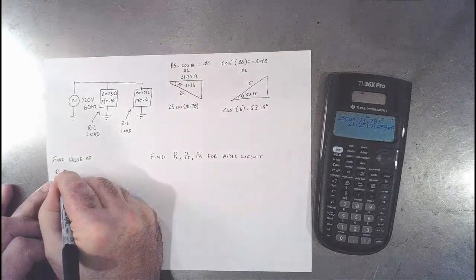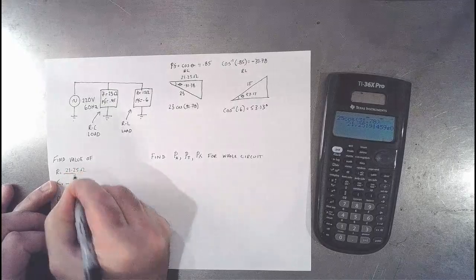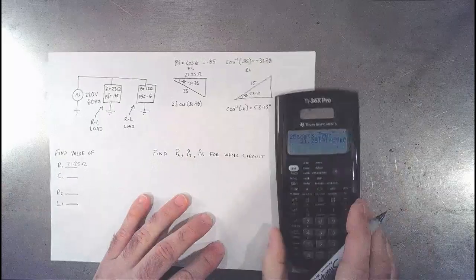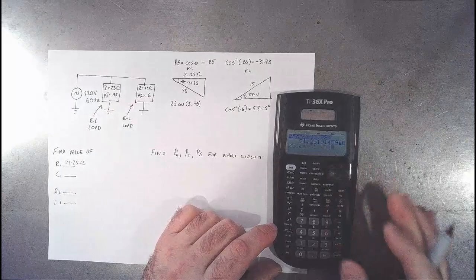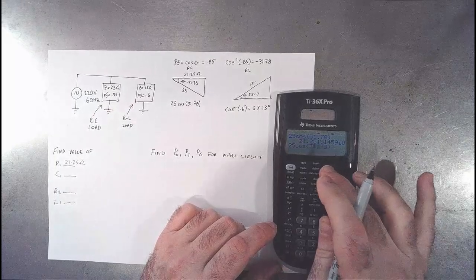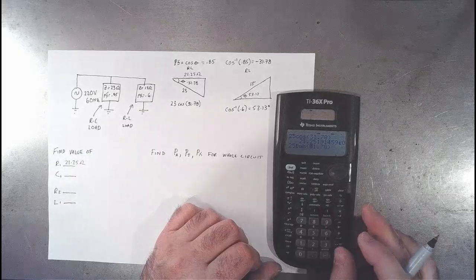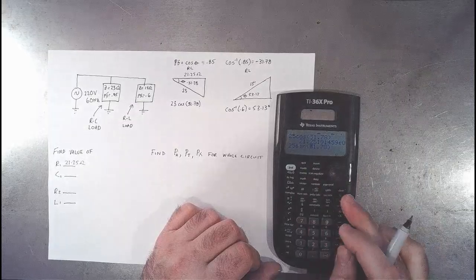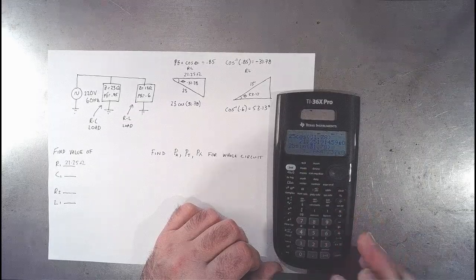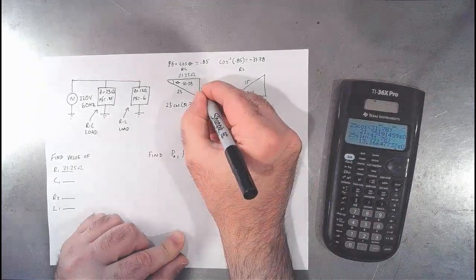And that is this answer right here, 21.25 ohms. And let's get the other side, the opposite. We're going to use 25 sine 31.78, not tan, sine. Sorry, I don't have my glasses on. And that is 13.16 ohms.